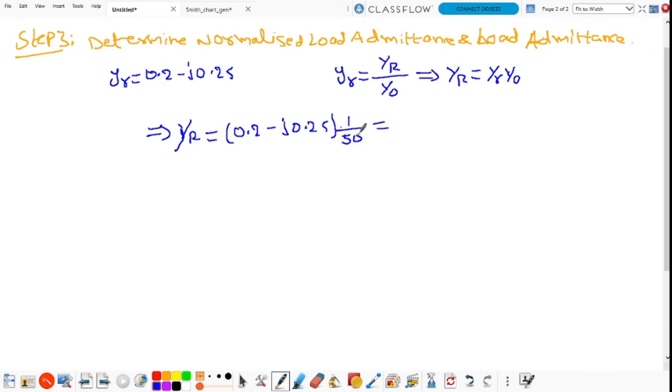Multiplying 1 by 50 with the bracket term, we get 4.4 into 10 to the power of minus 3 minus j0.25 divided by 50, which is 5 into 10 to the power of minus 3, in millimhos. The load admittance Y_R is equal to 4.4 minus j5 millimhos. That is step 3.